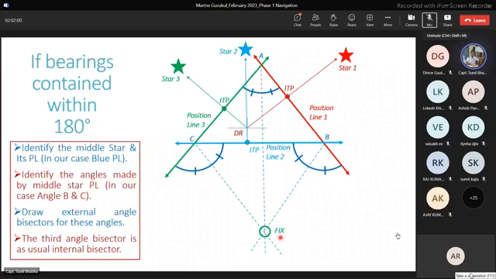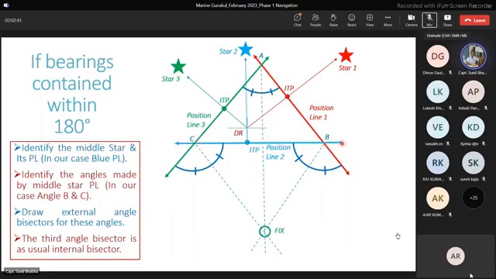Important thing to see here is that the fix in this case will always be outside the triangle or outside the cocked hat. In the first scenario, where the bearings were not contained within 180, the fix was inside the triangle or inside the cocked hat. But in this particular case where the bearings are contained within 180 degrees, the fix of the ship will be outside the cocked hat or outside the triangle, and it will always be towards the direction of the middle position line.